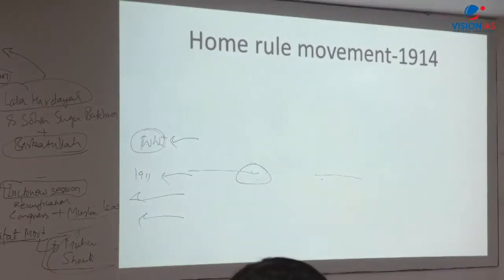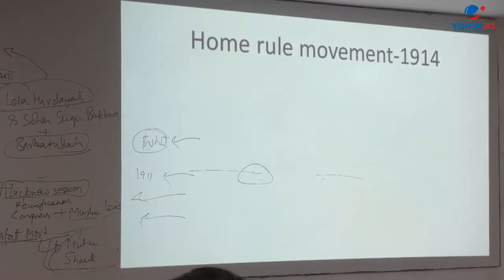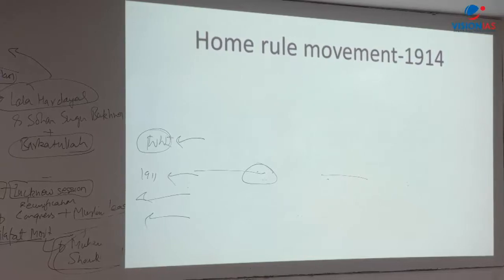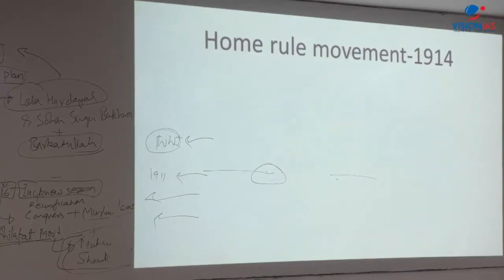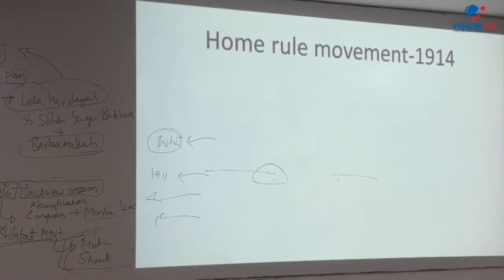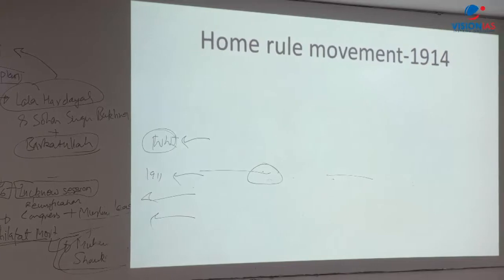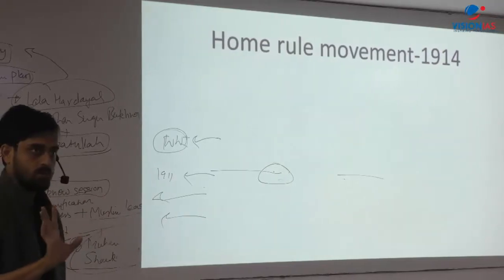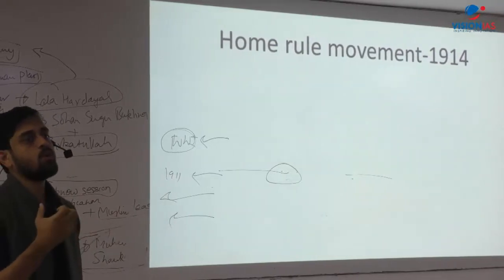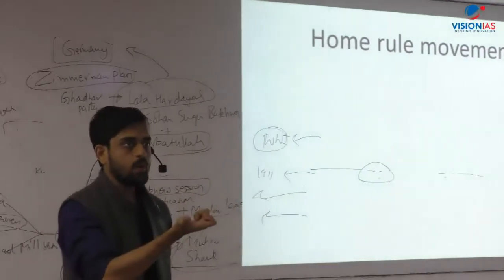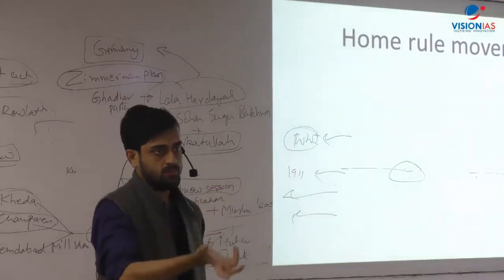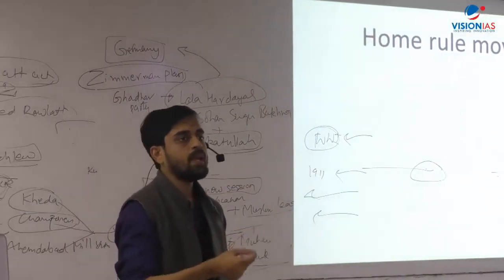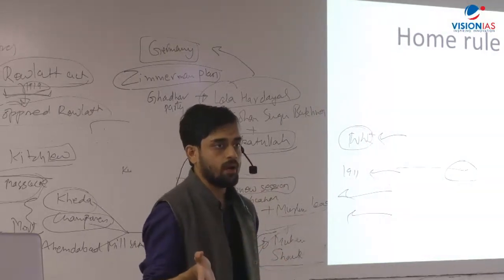Now, if we look at the 1914 era, can we just quickly go through the reasons of annulment of partition? The reasons for annulment of partition of Bengal were 2 important reasons. One of the things the British did not want it to become an incident which was used by the future generation of the Congress to prove time and again how the British have been insensitive to Indian demands.